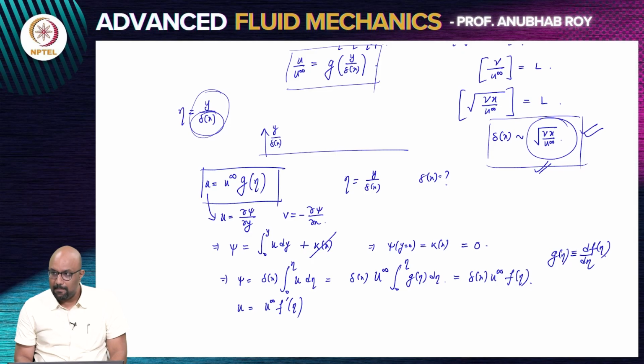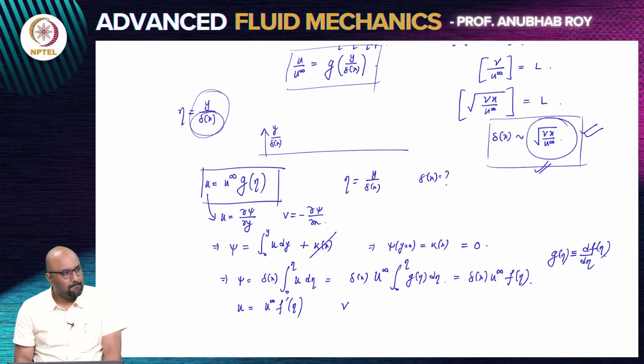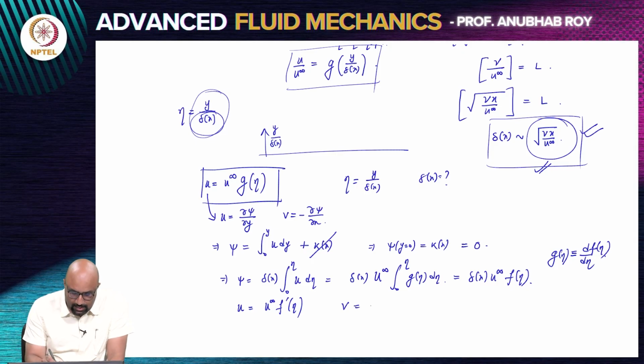Right. What should be v? V is minus dou psi dou x.